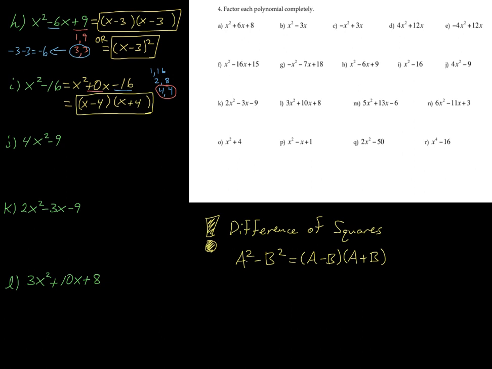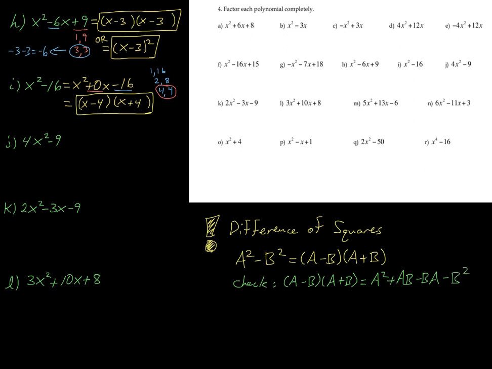Okay, and we can easily check that this works by just multiplying out this right-hand side. So let's do it. We get a times a is a squared. Then I'd get a plus ab, then a minus ba, and then a minus b squared.